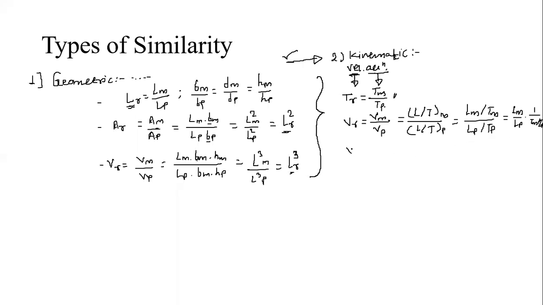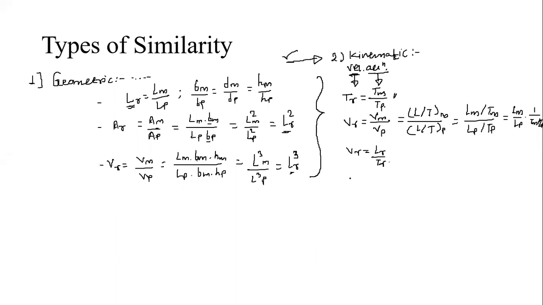It means that the velocity scale ratio will be equal to length scale ratio LR divided by time scale ratio TR. This is about the velocity scale ratio. Then the next ratio which we are going to consider over here is the acceleration scale ratio.